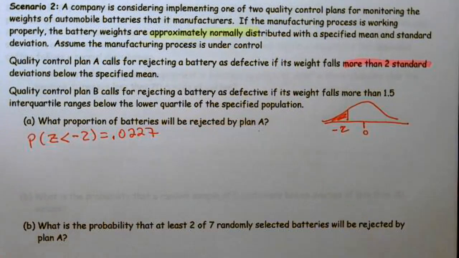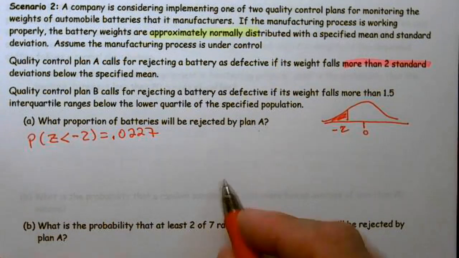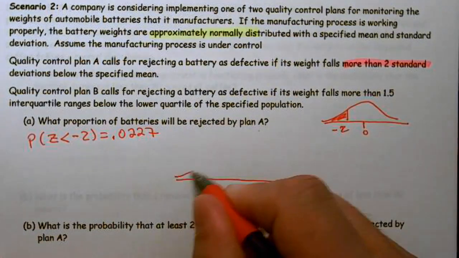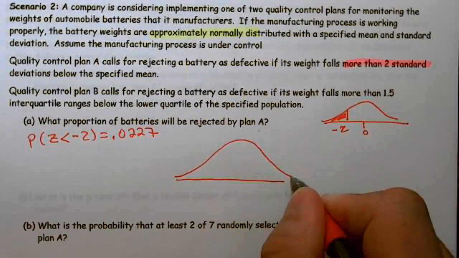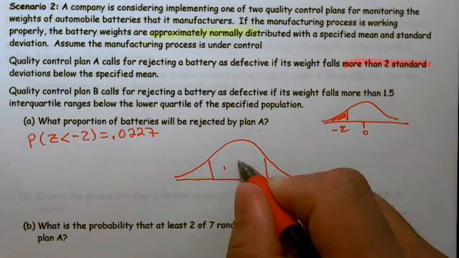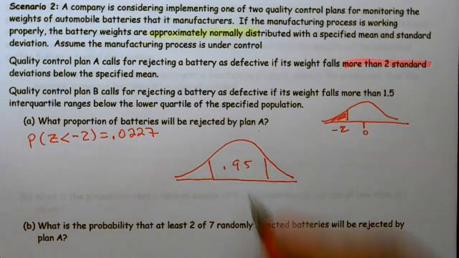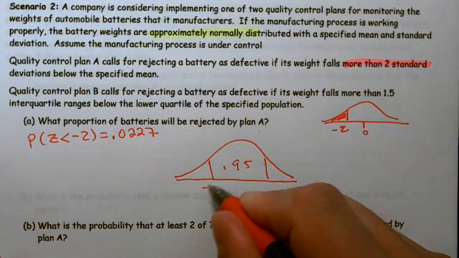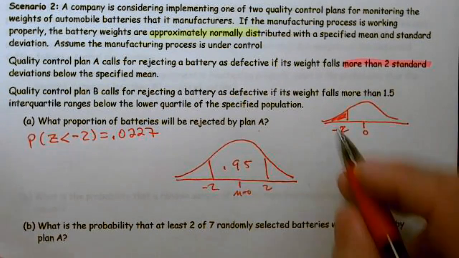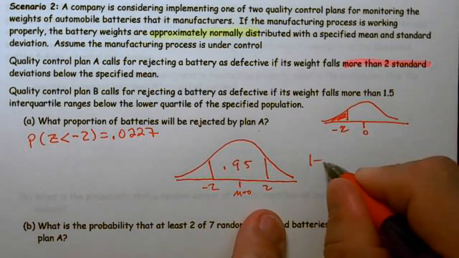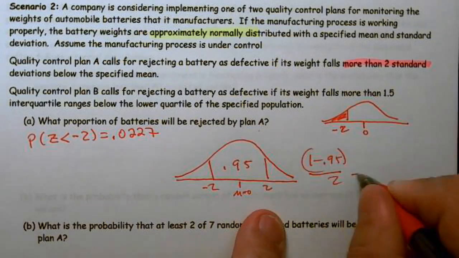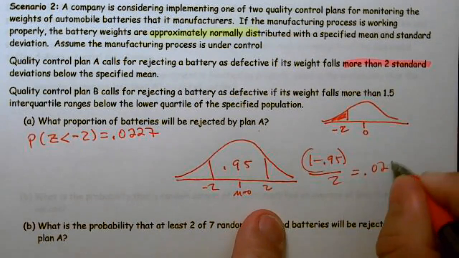We want to always go to 4 decimal places and truncate, so 0.0227. Now, some people could have done this by the empirical rule. If they'd done the empirical rule, I still would need to see a picture or a label that says empirical rule. I know that this area right here, -2 to 2, mean is 0, is 0.95. And I would go, well, that's 1 minus 0.95, and I need to divide that by 2, and that would give me 0.025.